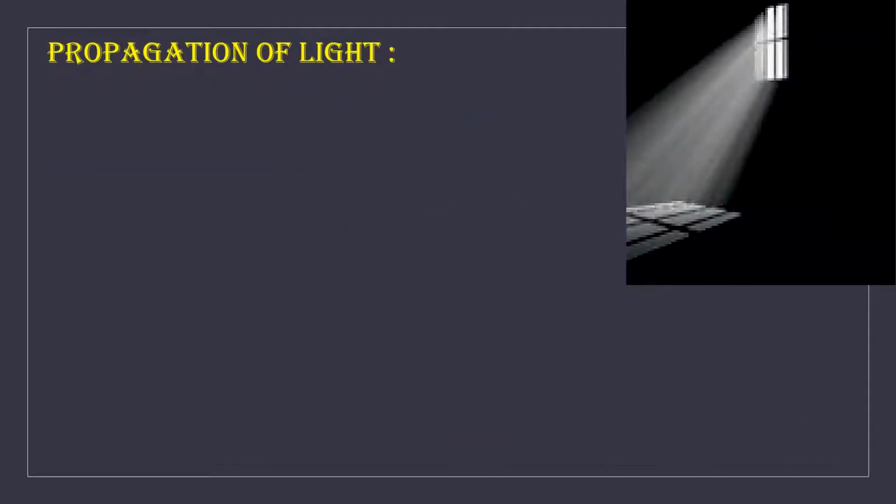Now students, you may have seen in the afternoon rays of light entering through a slit in a door or a small hole in the roof. As these rays of light from the slit or the hole move towards the floor, the dust particles in their way are seen clearly.